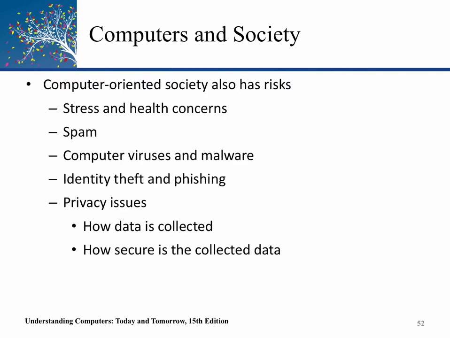For all the benefits of a computer-oriented society, there are also risks. Some of these risks include stress and health concerns, spam, computer viruses and malware, identity theft and phishing, and privacy issues. Some of these privacy issues can include how data is collected and how secure that collected data is, how safely it's stored, where it's stored, who has access to it, and what is done with it after it's been collected.